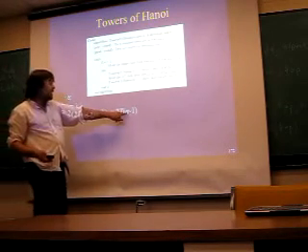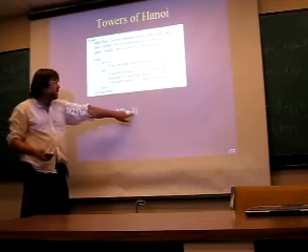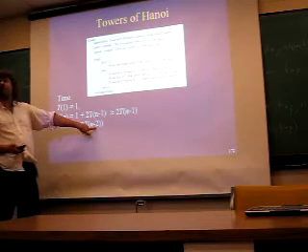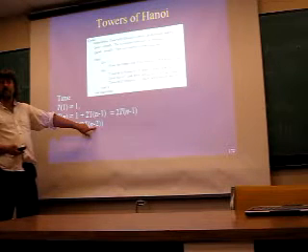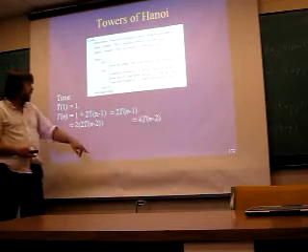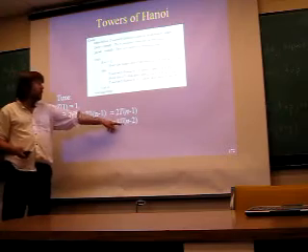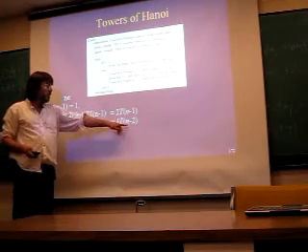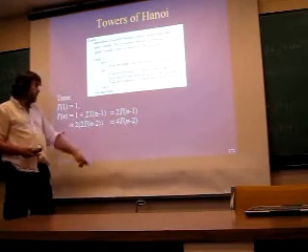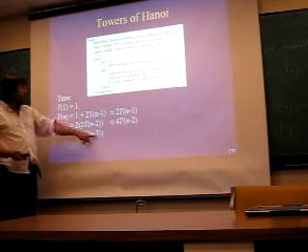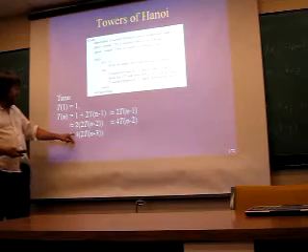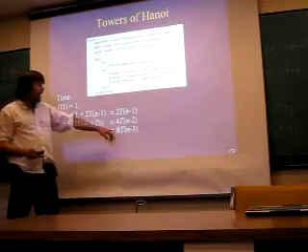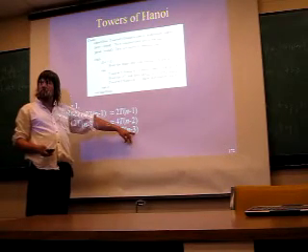Well, we expand, right? What's T of n-1? It's 2 times T of n-2. Everybody got that? And what's that? Well, that's 2 times 2, that's 4 times T of n minus 2. Now, what's T of n minus 2? It's 2 times T of n minus 3. And 4 times 2 is 8, so 8 times T of n minus 3.